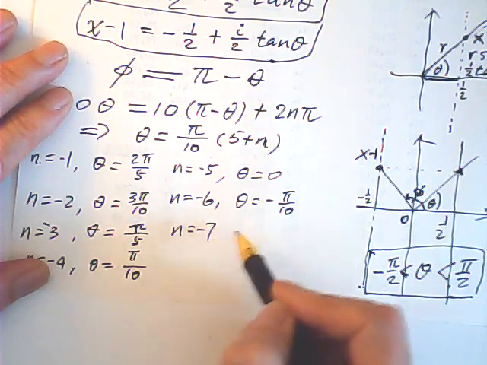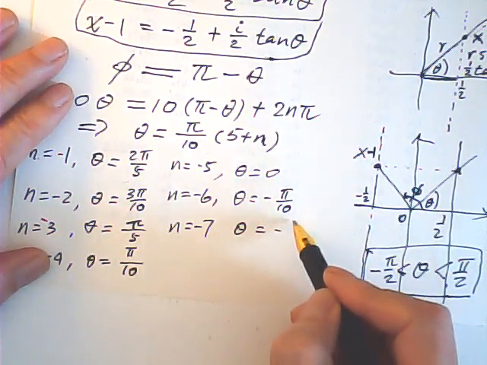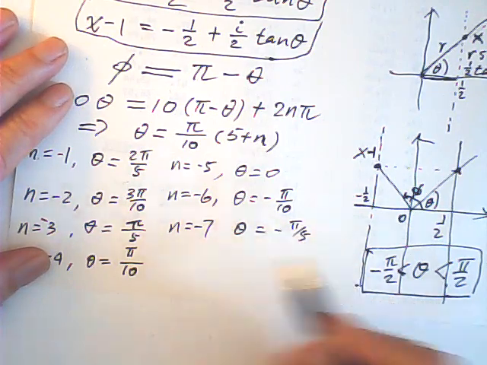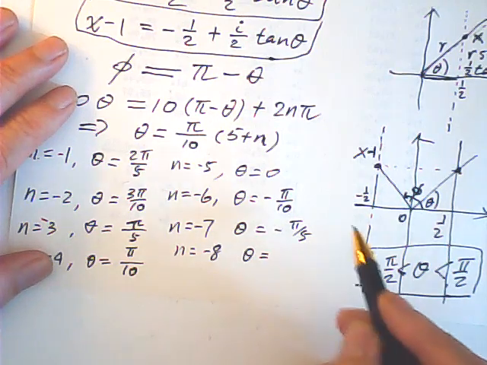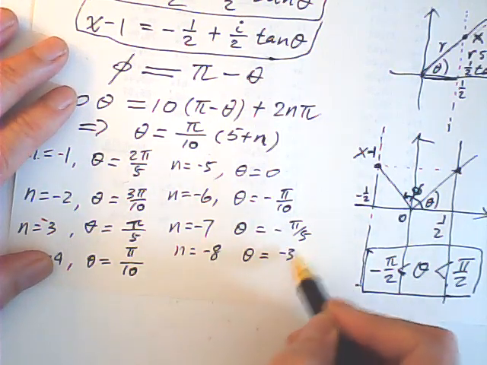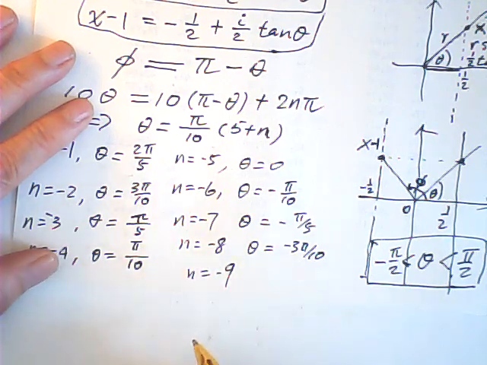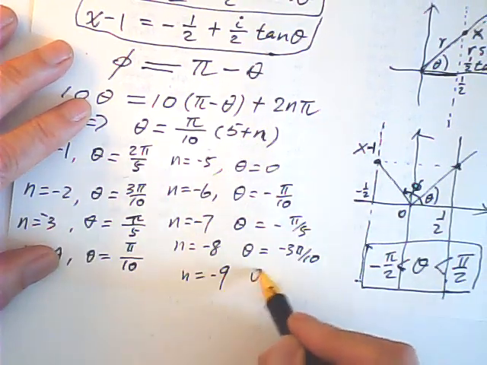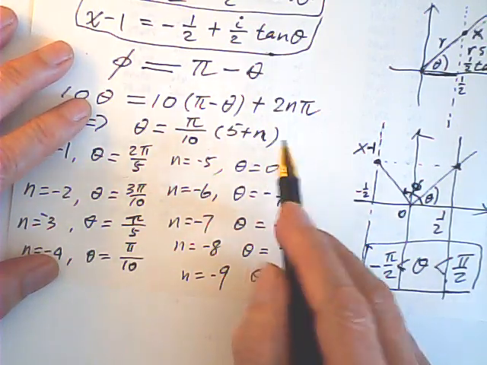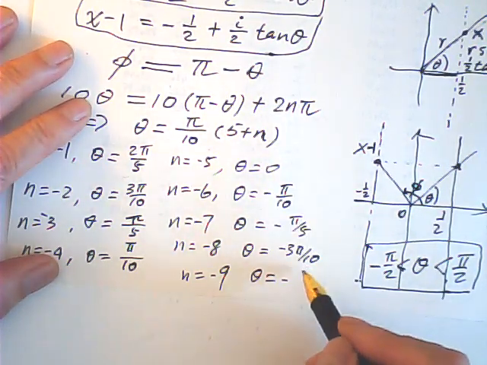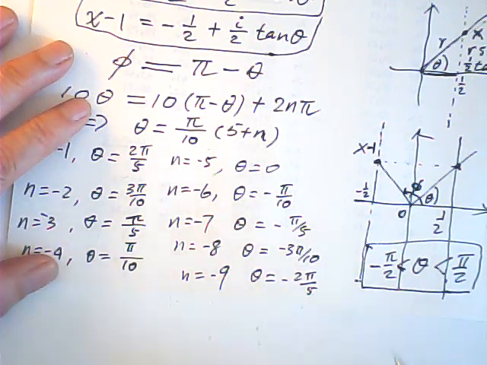N equal to negative 7, negative pi over 5. N equal to negative 8, minus 3 pi over 10. N equal to negative 9, theta is equal to negative 2 pi over 5.